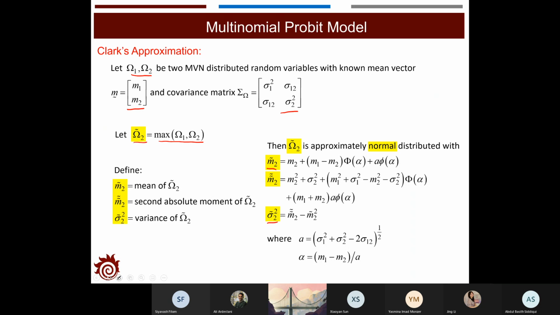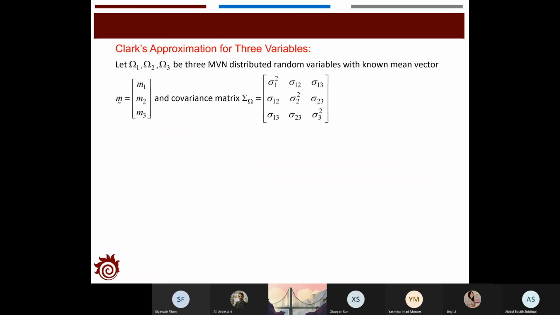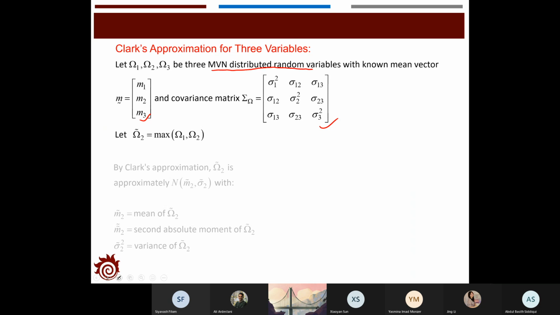But if we have three variables, they also follow the multivariate normal distribution. We know their mean, we know their covariance matrix. Then we can find out the maximization of these three variables.